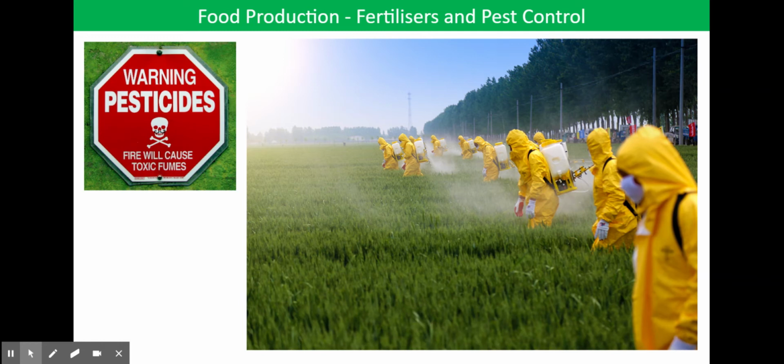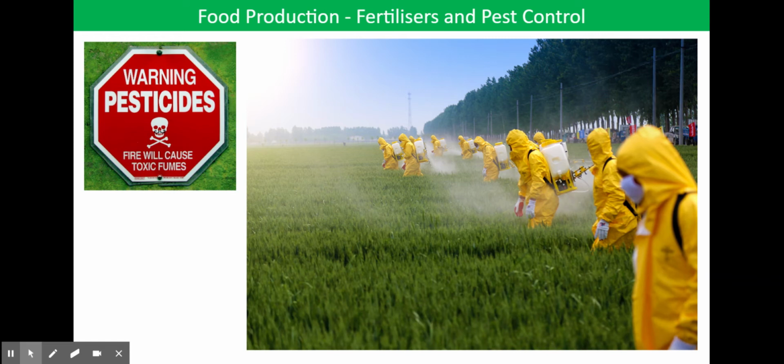Weeds can outcompete crop plants for space, for water, and for soil nutrients. Fungi can infect crop plants and spread disease, which can affect growth and yield. All of these can be controlled by pesticides, which are chemical control methods, or by introducing other species.